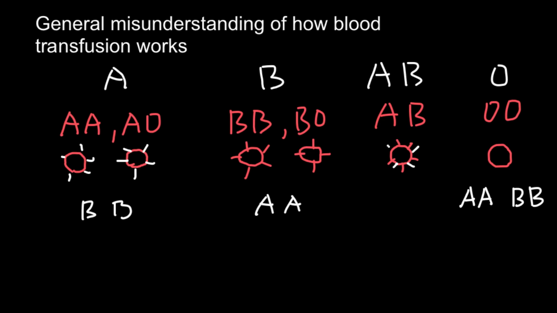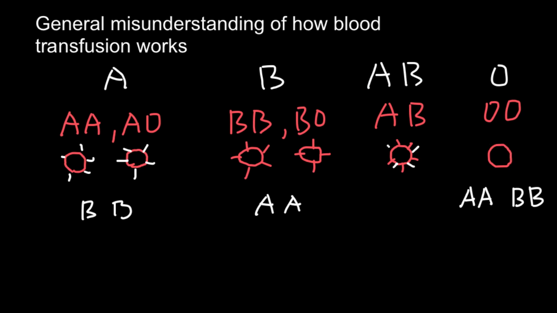Now about the general conception and misunderstanding. You know that people who have blood group O are considered to be universal donors, and those who belong to blood group AB are considered universal recipients. So now consider what would happen if we transfuse this blood to a person who belongs to blood group AB.